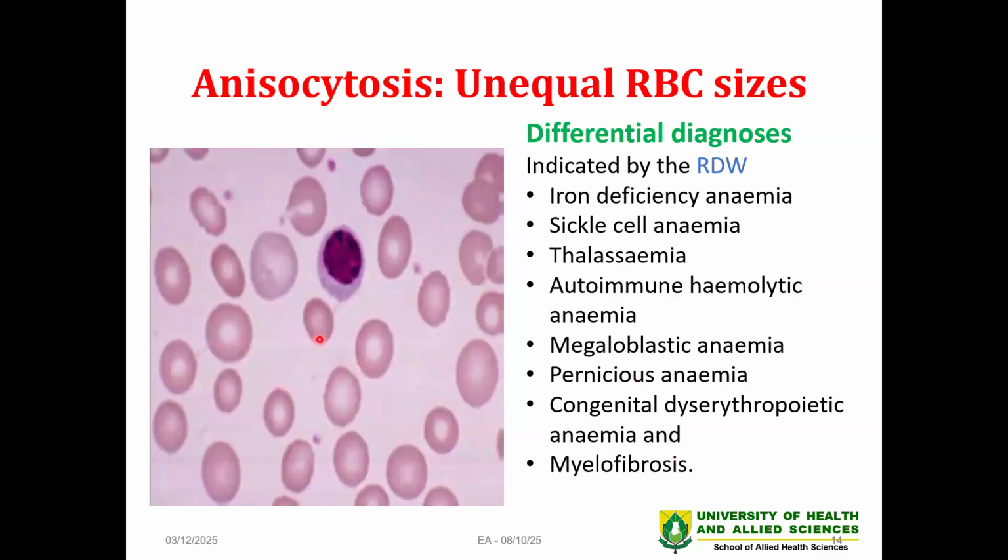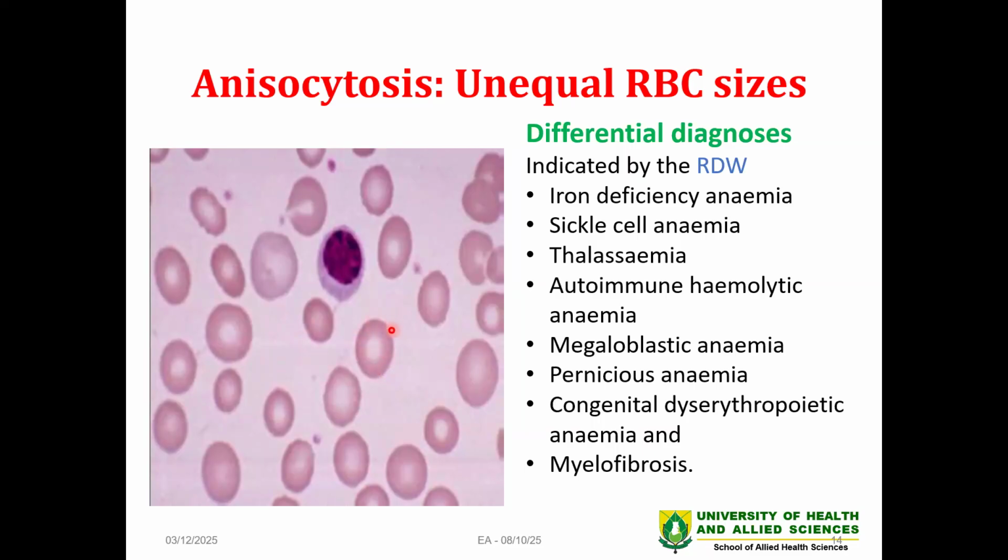Clearly from the blood film here, we can see that this is a small cell. So we have the nucleus of a lymphocyte, just to be a guide to us being able to judge whether a red cell is microcytic or normocytic or macrocytic. Then over here, we have some red cells too, which look normal in size.